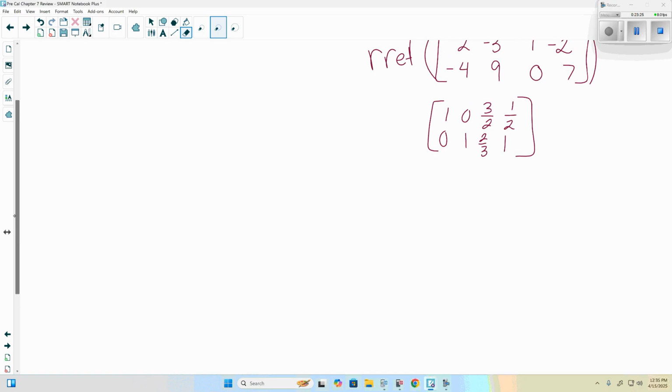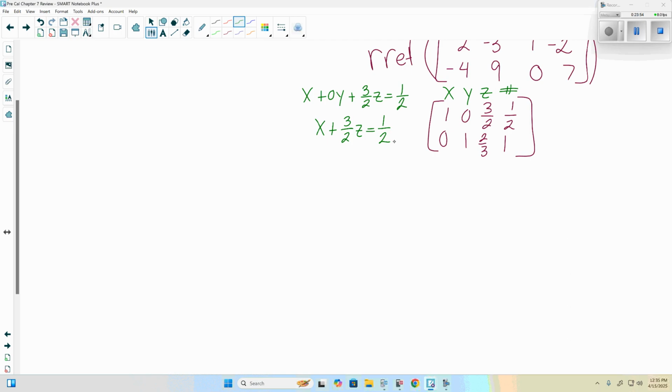So let's see what this says. Now, again, in both of these here, X went first, Y went second, Z went third, and then our numbers. So for the top one, we say that we have X plus 0Y plus 3/2 Z is equal to 1/2. Or really that X plus 3/2 Z is equal to 1/2.